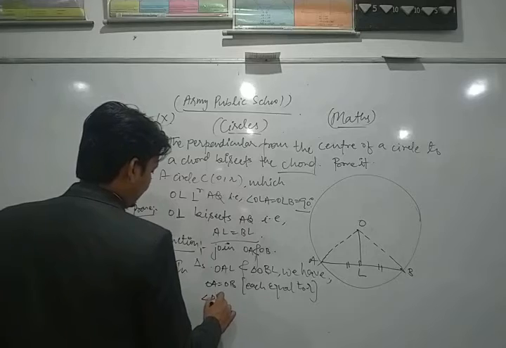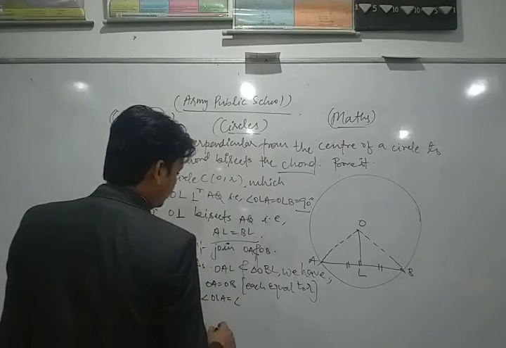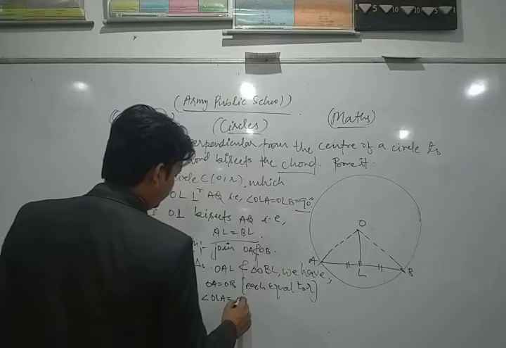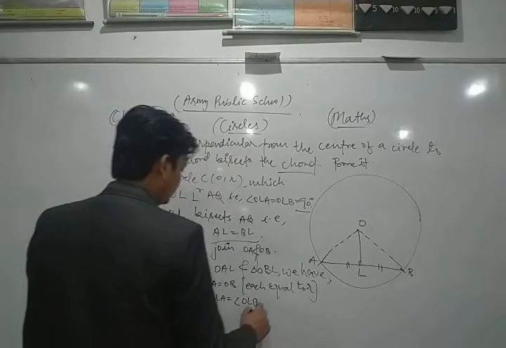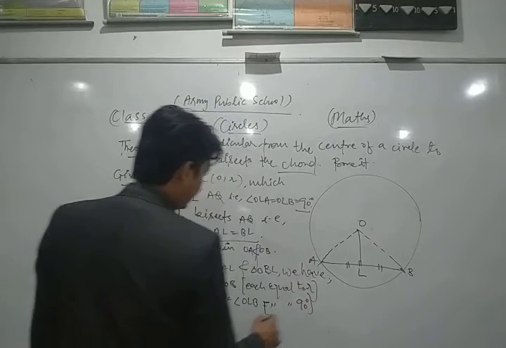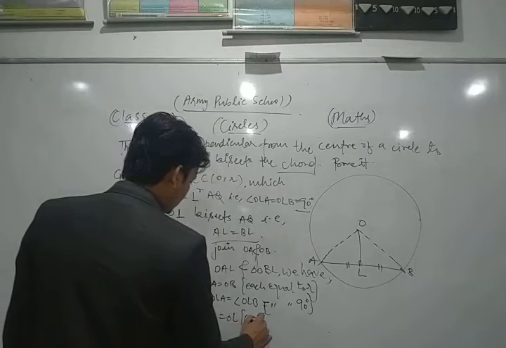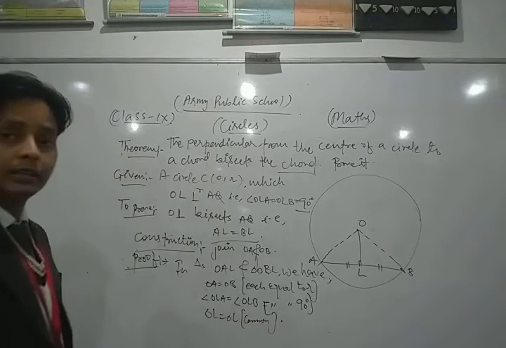Angle OLA is the same as angle OLB, each equal to 90 degrees, and OL is equal to OL. This is common in both the triangles.